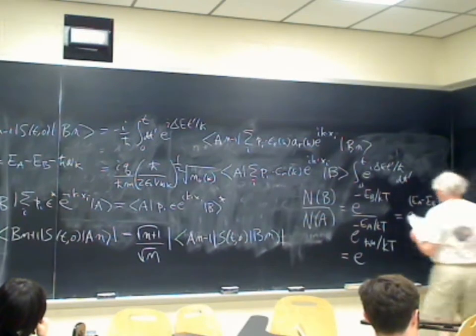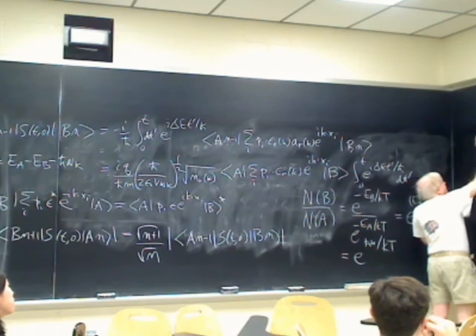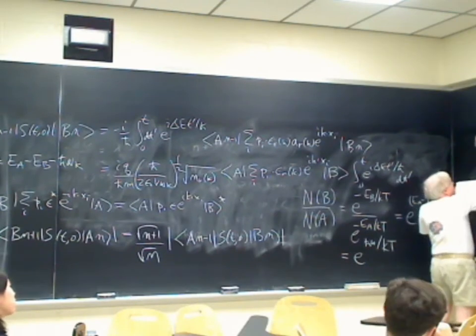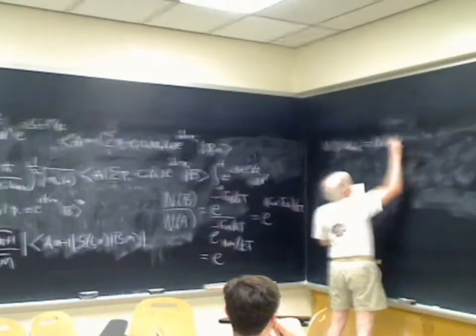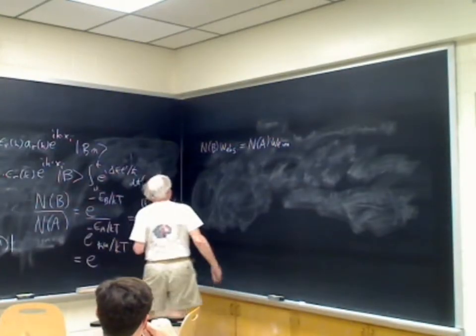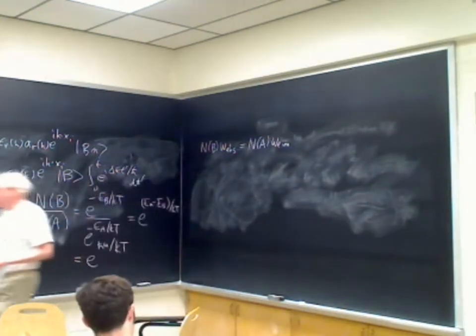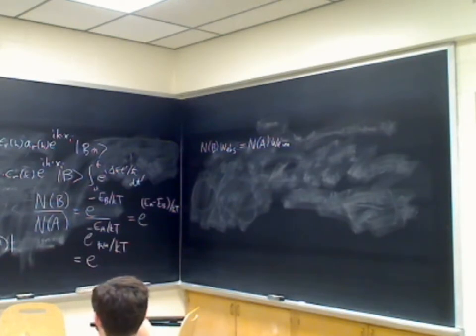On the other hand, the equilibrium says that N of B times W absorption should be N of A times W emission. And now we've seen that the rates are these things squared. And this one is emission, and this is absorption.